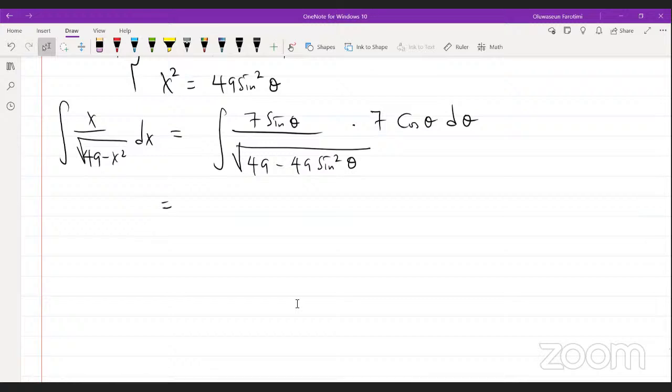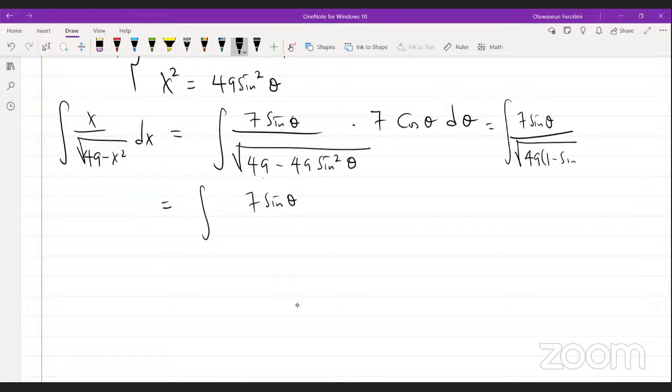Okay, let us see. This is the integral. You have a 7 sine theta on the top, divided by, on the bottom, 49 is common, right? I can pull out 49. So you have a 49 this way, 1 minus sine squared theta.